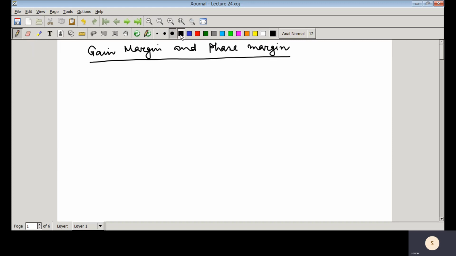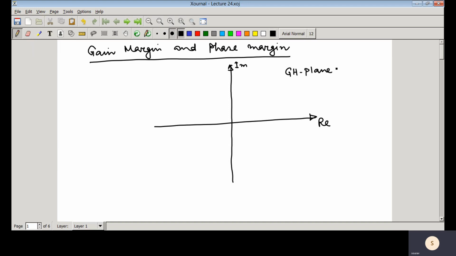So let us first draw a part of the Nyquist diagram. This is the GH plane, so this is the real part and this is the imaginary part. Suppose this is the part of the Nyquist plot.